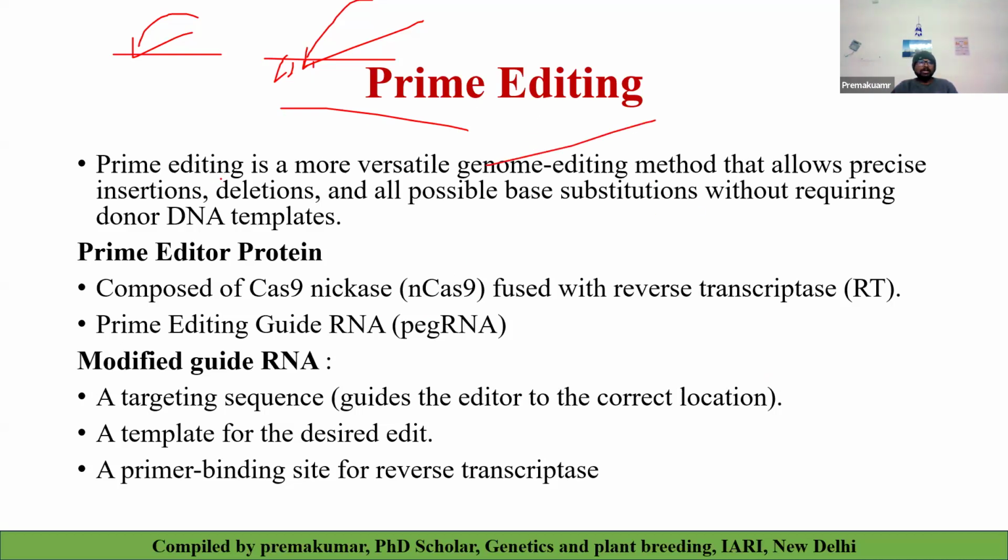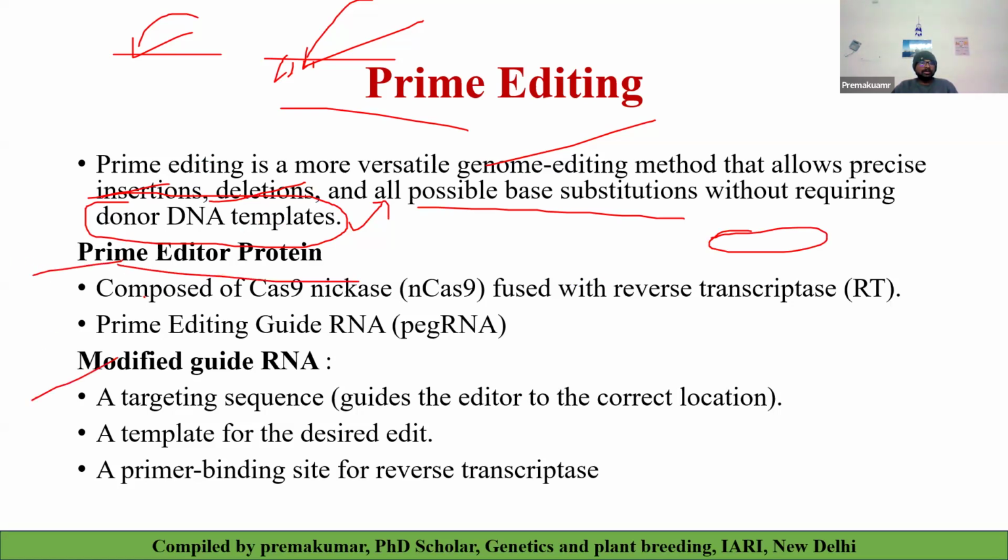It means you can allow precise insertion or deletion and all possible base substitutions without requiring a donor template. Okay, this point is very, very important. Even though you don't have any template, you can introduce precise insertions and deletions into the genome. How we can do it, we will discuss. There are two major components.